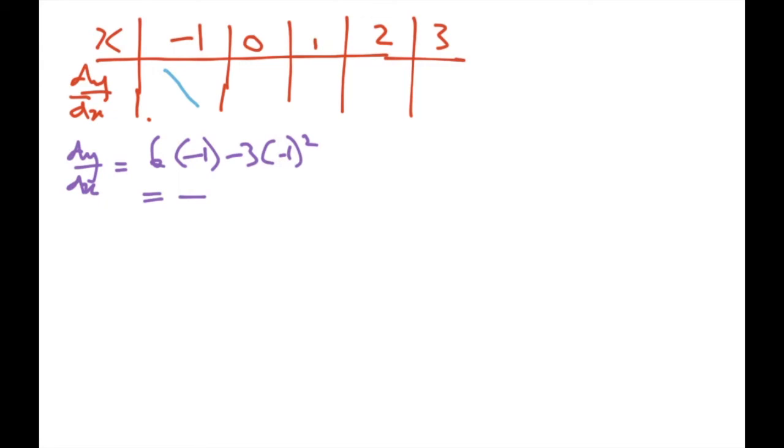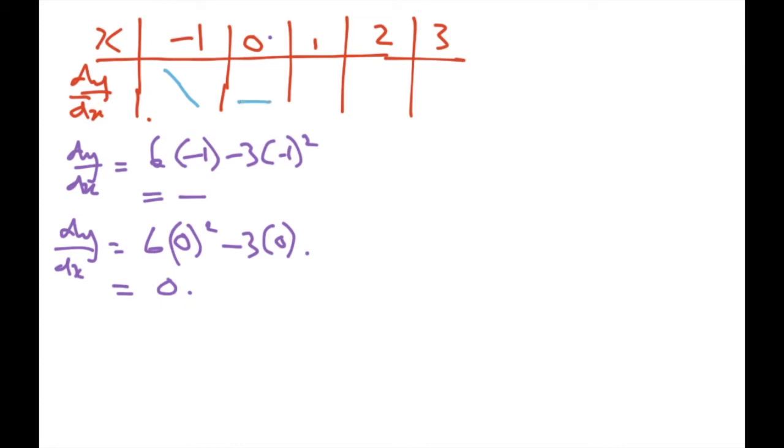Okay, next dy/dx, and this time I'm going to sub in 0. So 6(0) minus 3(0) squared is 0, so that shows it is a stationary point, because it's a flat graph, so gradient equals 0.